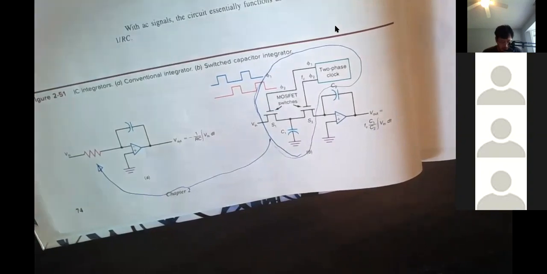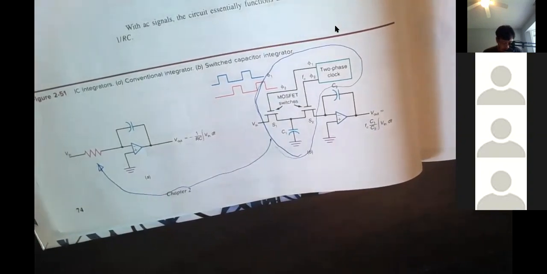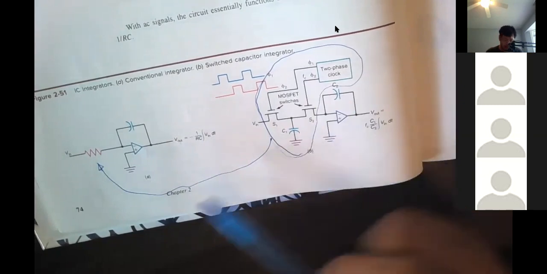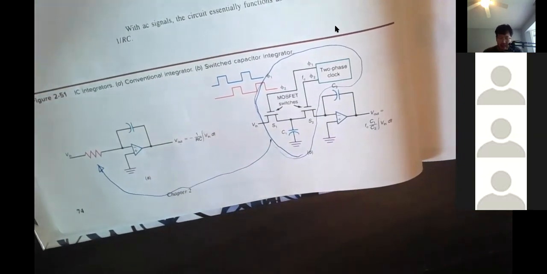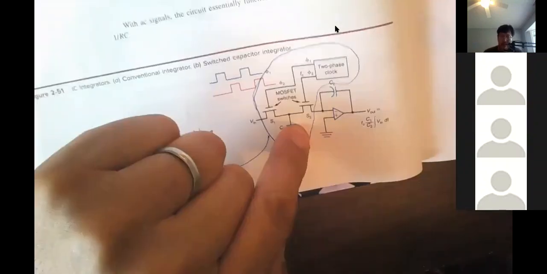You may say, are you crazy, right? Using so much to replace a single resistor. But it turned out this is better.